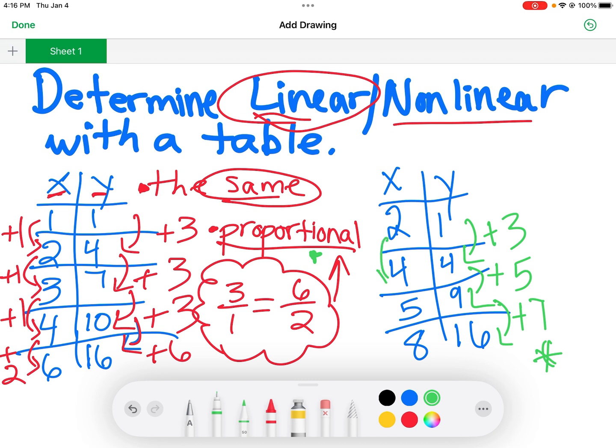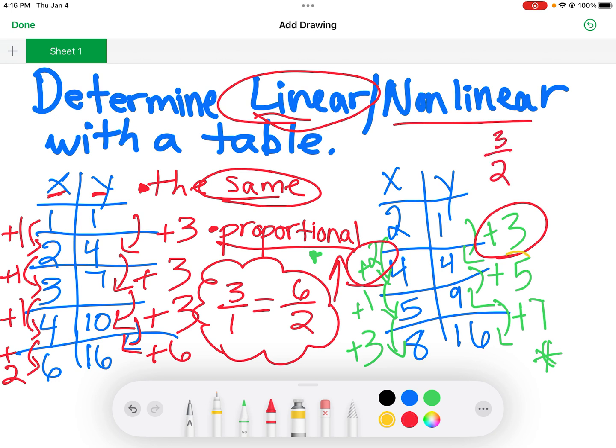But here, from 2 to 4 is plus 2. From 4 to 5 is plus 1. And from 5 to 8 is plus 3. So this first change, I have plus 3 and plus 2. So that's 3 over 2.